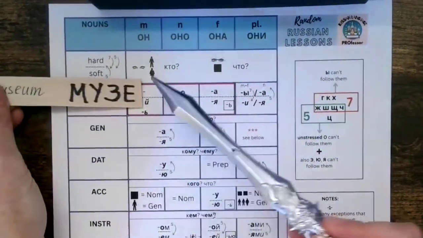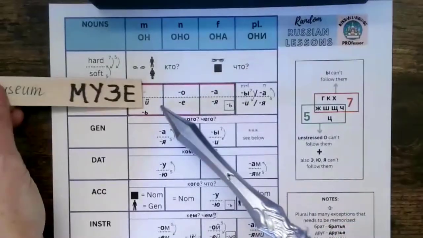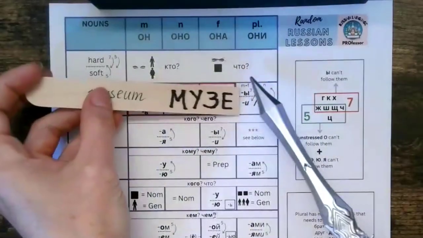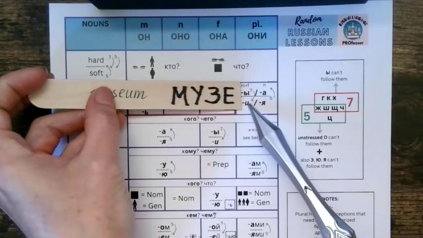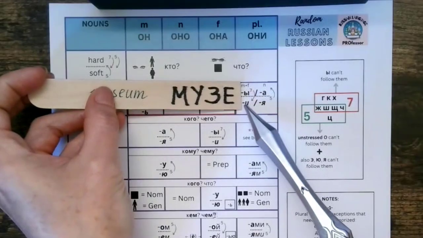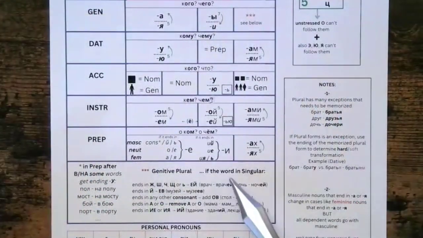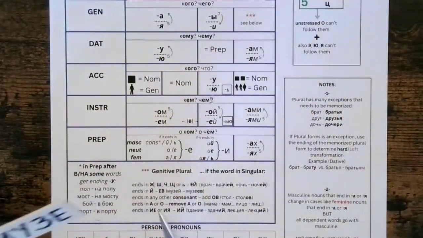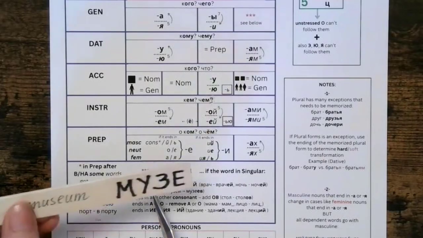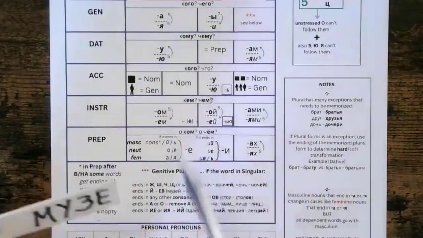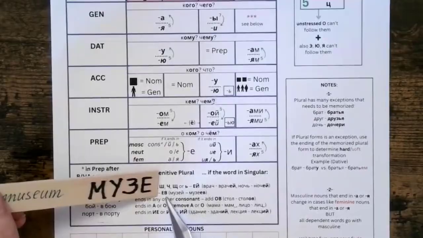Now let's say museums. Soft stays soft, музей. So we go here, and our masculine is right here, so it will be музеи, музеи. For genitive plural, we see below. If the word in singular ends in и краткое, here is our краткое, and we know it ends in краткое, we add ев.